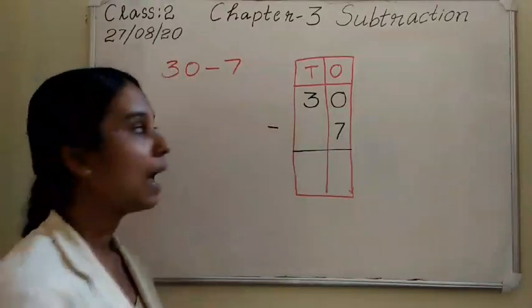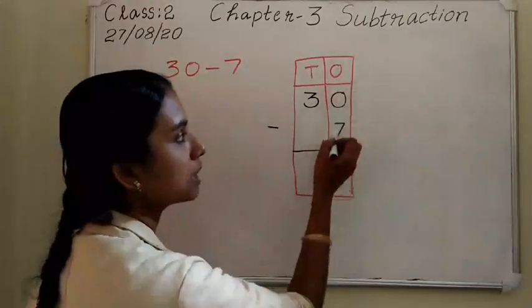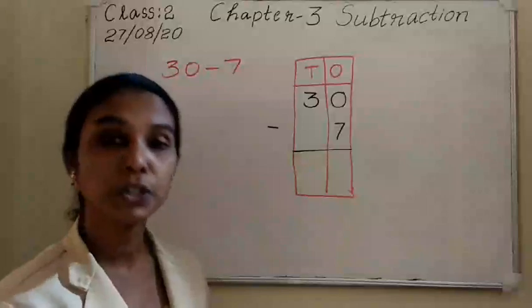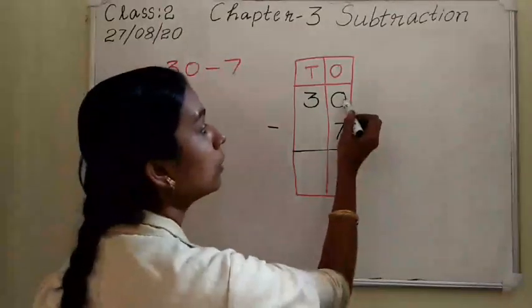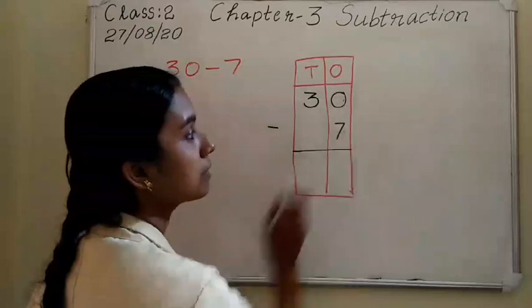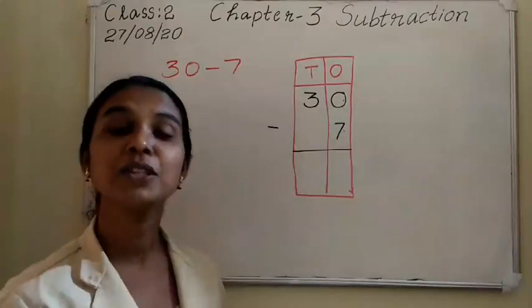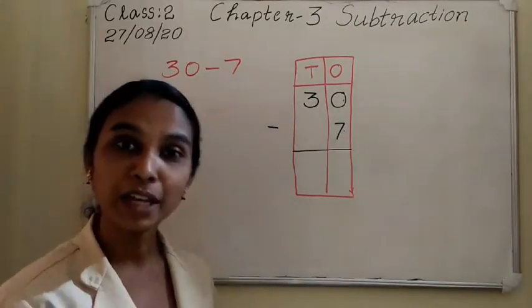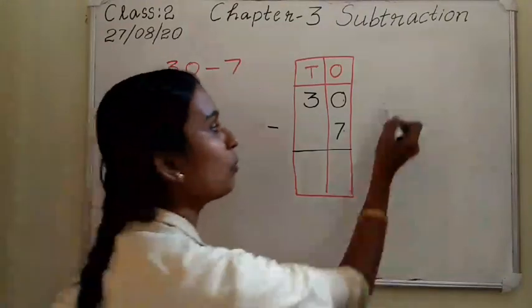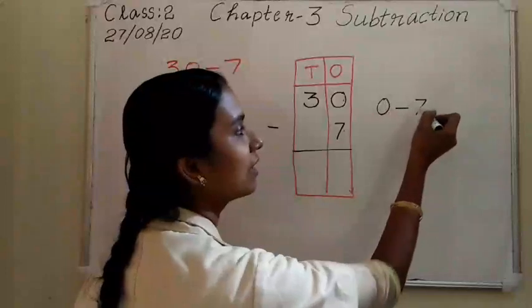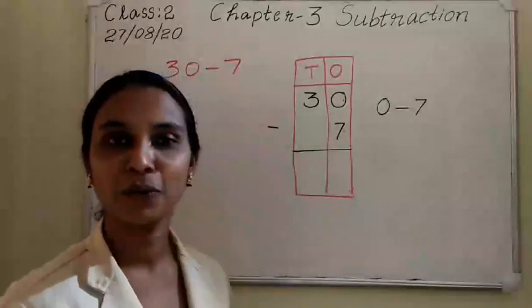We have to start from the ones place. In addition and subtraction, we should start from the ones place first. So here you have to subtract 0 minus 7. You have 0. Can you take away 7 from it?